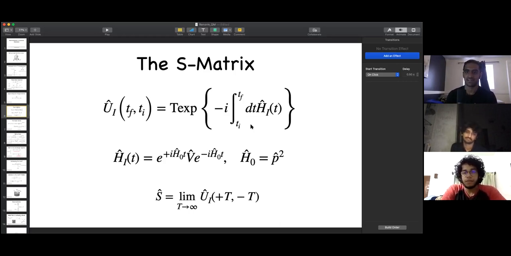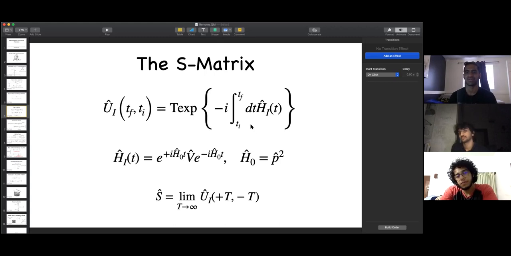It's sort of your understanding of what it means for states to be asymptotic. So asymptotically, you expect there to be free states. And again, you really need these forces to be short-ranged for that to make sense. There's a lot of trouble that comes with dealing with long-range forces.